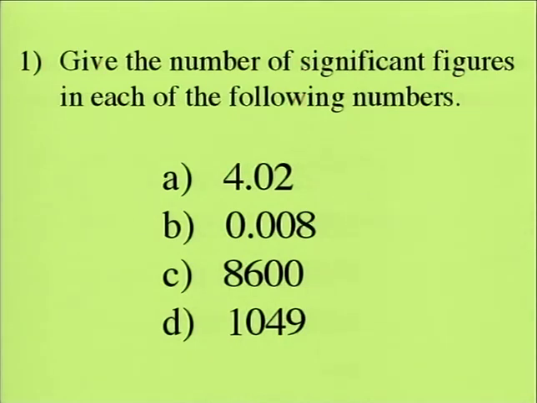For example, if you have 1 0 9 0 0, the zeros at the end are insignificant, meaning that you have only 3 significant figures, unless it is indicated. Then you can write that down. Okay, we'll move on.